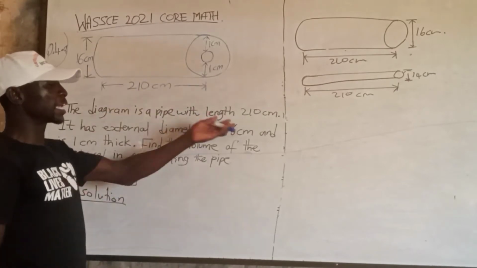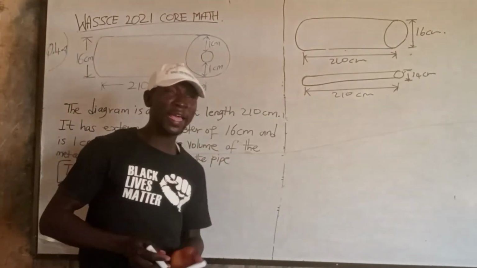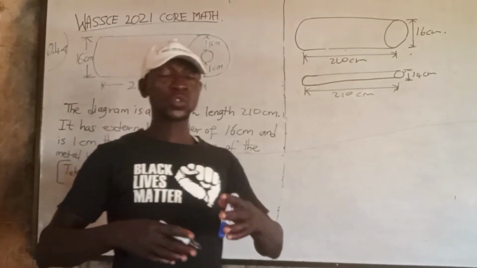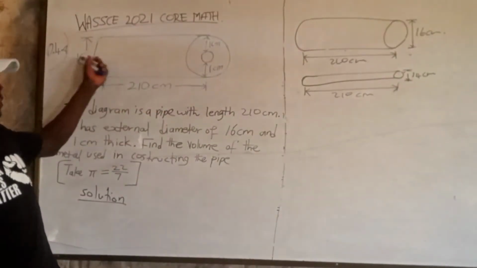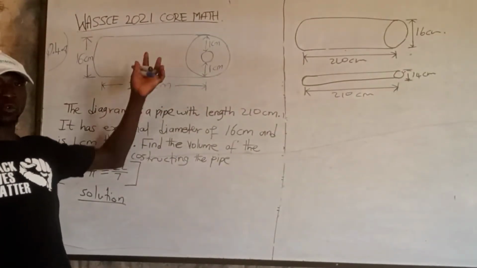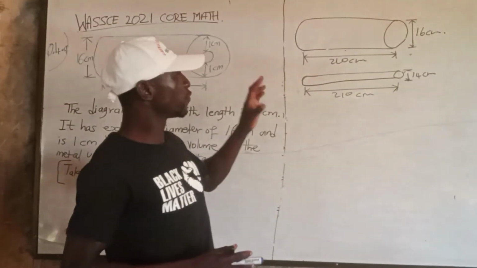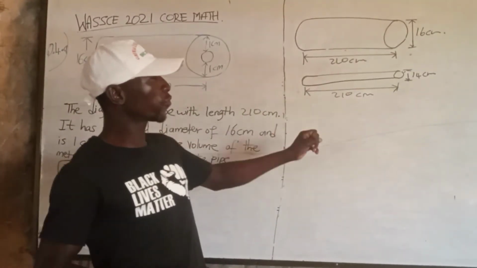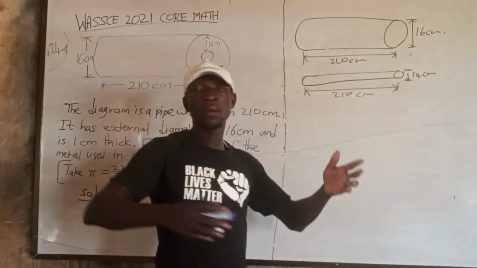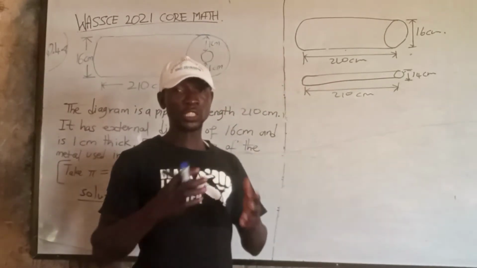So now we have two cylinders, and we are asked to find the volume of metal that was used to construct this particular pipe. So what we are going to do is take the volume of the bigger cylinder minus the volume of the smaller cylinder.